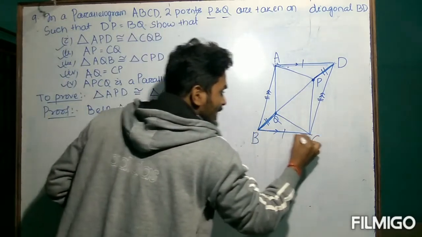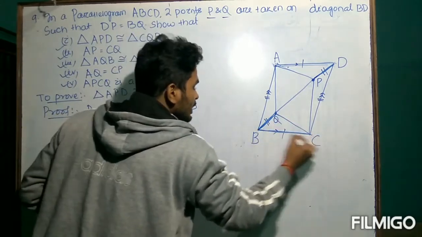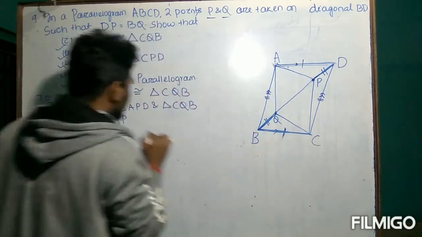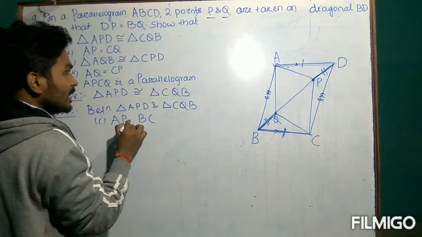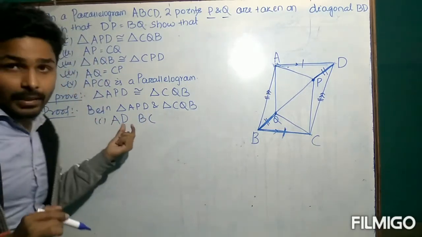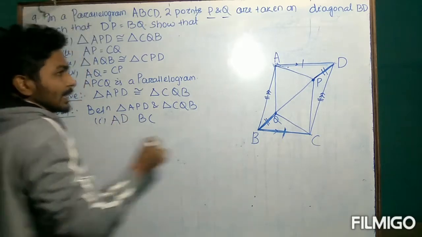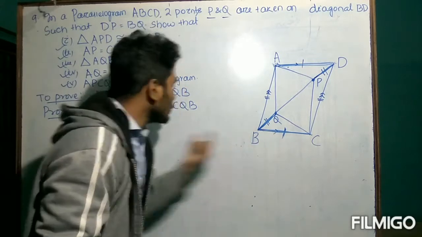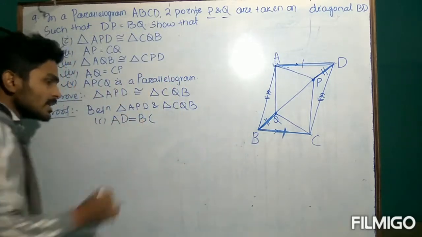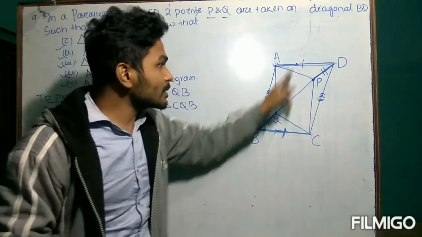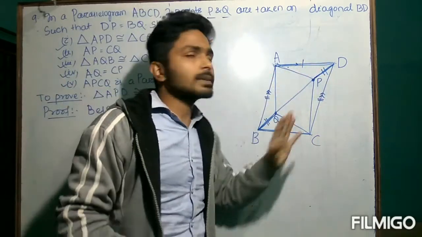Similarly, BC is a side of this triangle BQC, or you can say CQB. So can we write AD is equal to BC? I'm very sorry, I had wrongly written it as P, but it is AD. Yes, we can write AD is equal to BC. Why? Because it is a parallelogram and the opposite sides are equal.